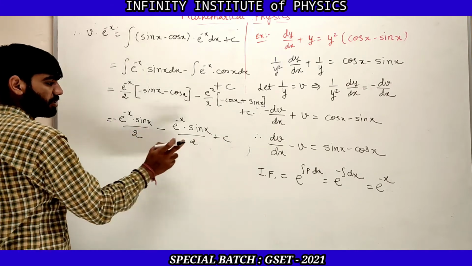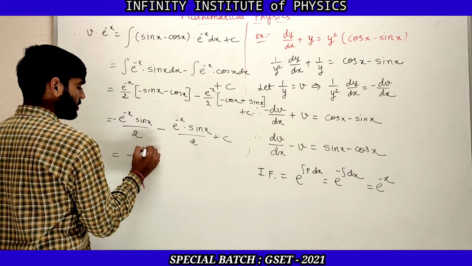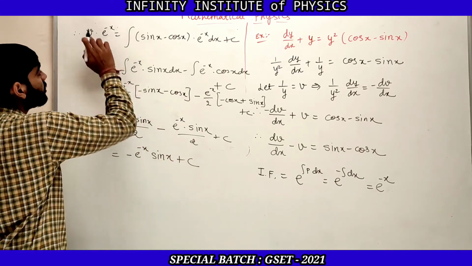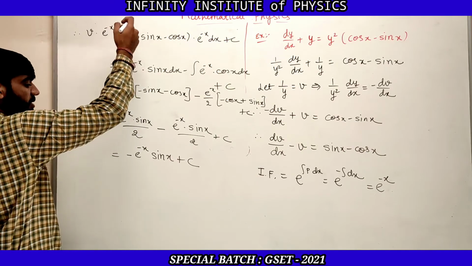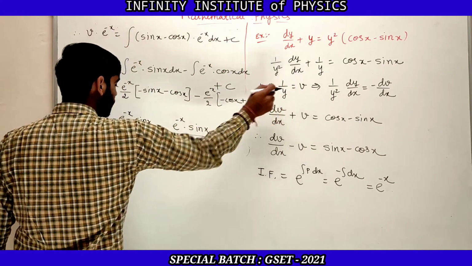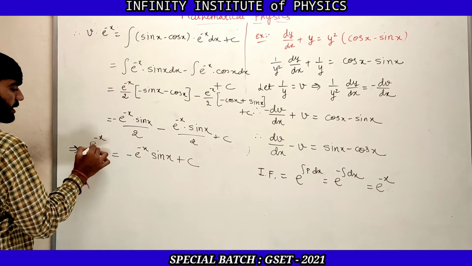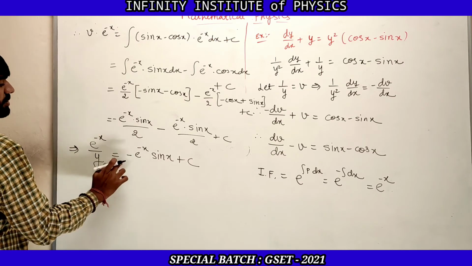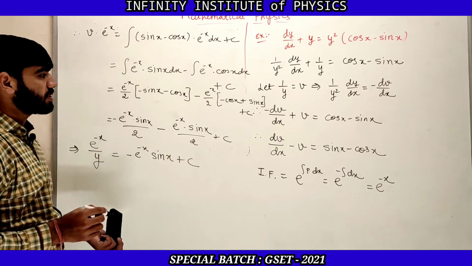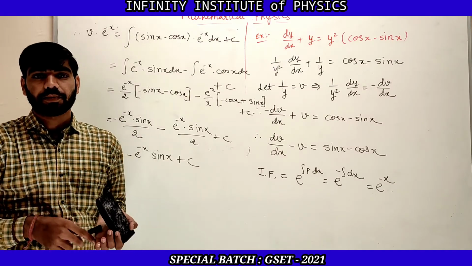So it is minus e raised to minus x into sin x plus c. So v into e raised to minus x is equal to this, but v is equal to 1 upon y, so let us put that value here. So it is e raised to minus x upon y, which is equal to minus e raised to minus x sin x plus c, which is the required solution of the given differential equation.